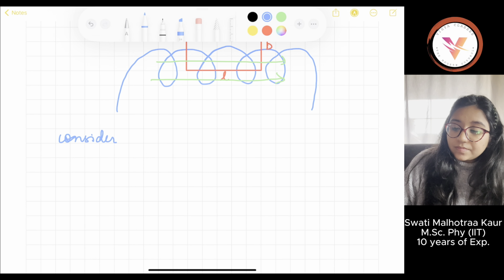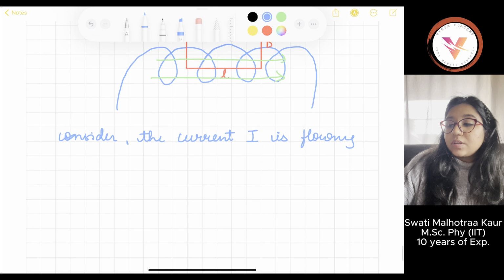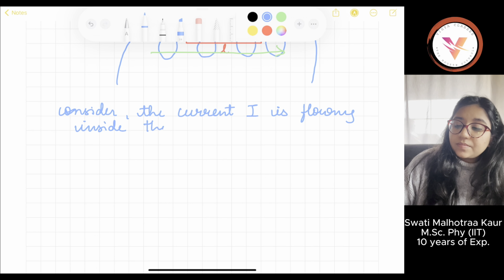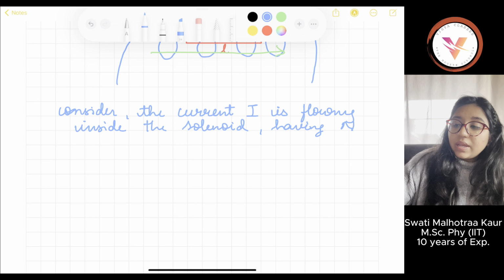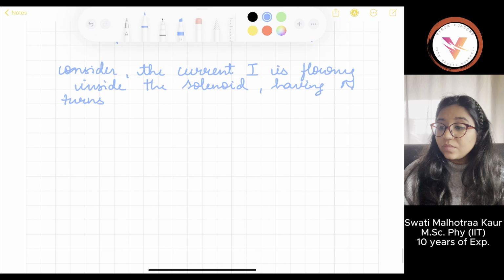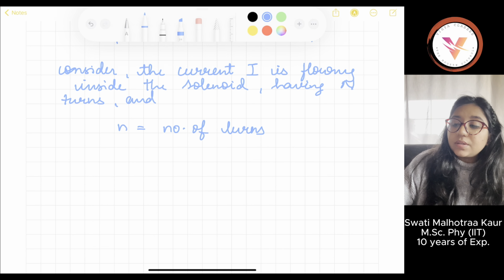Consider the current I is flowing inside the solenoid, having N total turns, and small n be the number of turns per unit length.